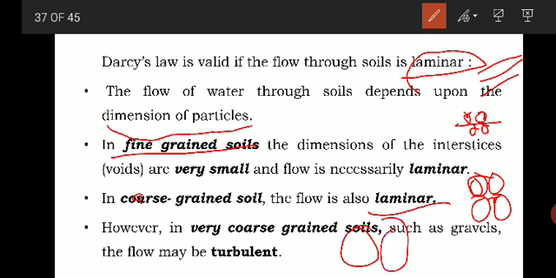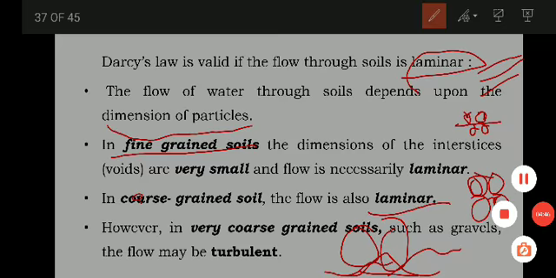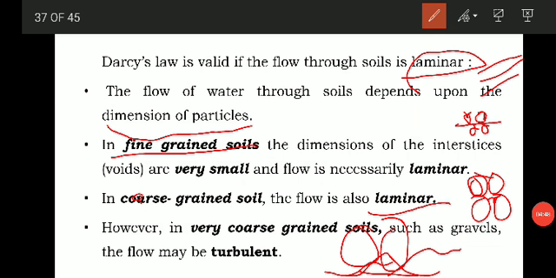Then the flow may become turbulent, because there will be more obstructions. The water particles will not move in a defined path, so they will intersect. If the grains are very coarse, the flow becomes turbulent, and for turbulent flow Darcy's law is not valid. It is valid only if the flow is laminar.